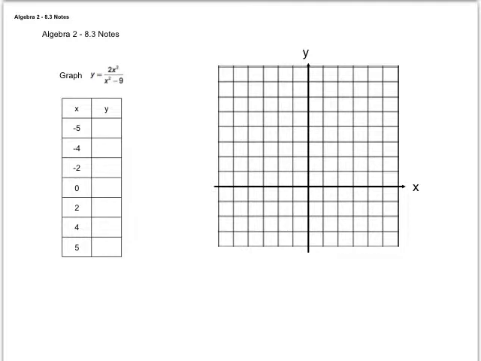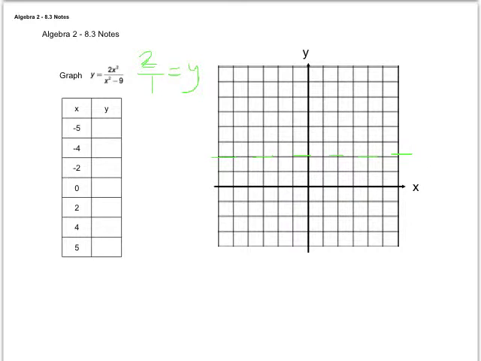So if the degree on the top and the degree on the bottom are the same, and these are, then we look at the ratio of the leading coefficient on the top, which is a 2, over the leading coefficient on the bottom, which is a 1. So I have a horizontal asymptote at y equals 2. So I'm going to have this guy right there.